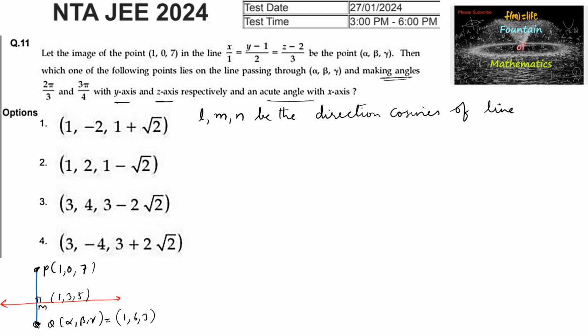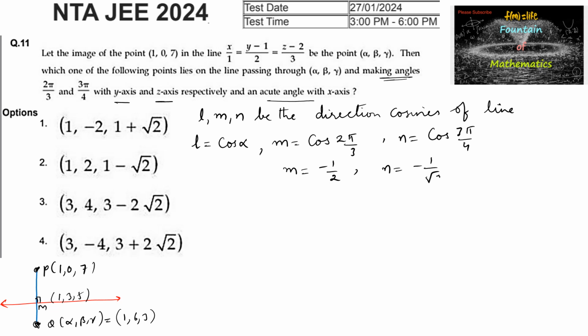L is equal to cos of the acute angle, M is equal to cos of the given angle 2 pi by 3, and N is equal to cos 3 pi by 4. So M is equal to cos 2 pi by 3, that is cos(90 plus 30), which is minus sine 30, minus 1 by 2, and N is equal to cos 3 pi by 4, that is cos(90 plus 45), so minus 1 by root 2.